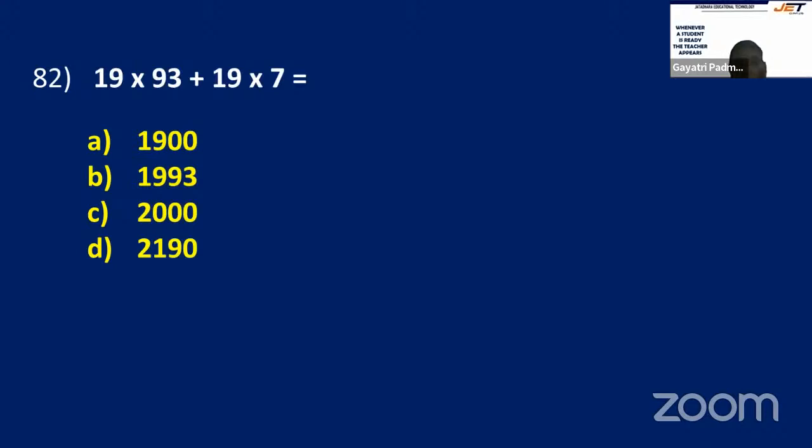So you have 19 into 93 plus 19 into 7 is dash. Here you can use one simple technique instead of multiplying. If you take 19 outside, we have 93 plus 7.